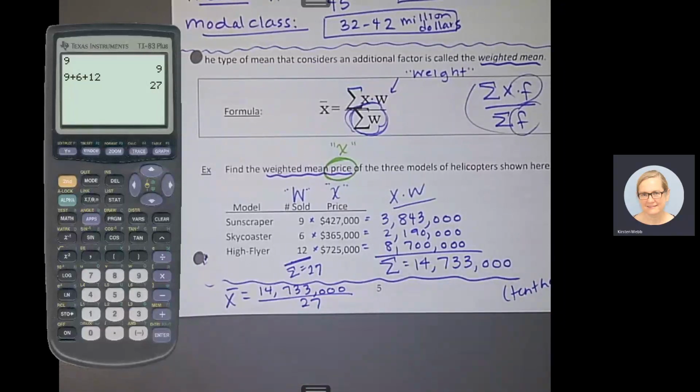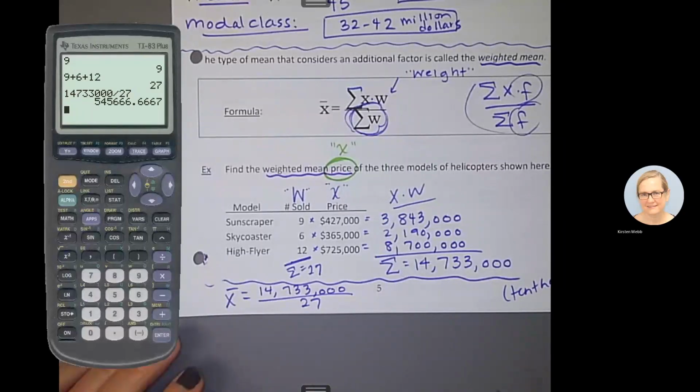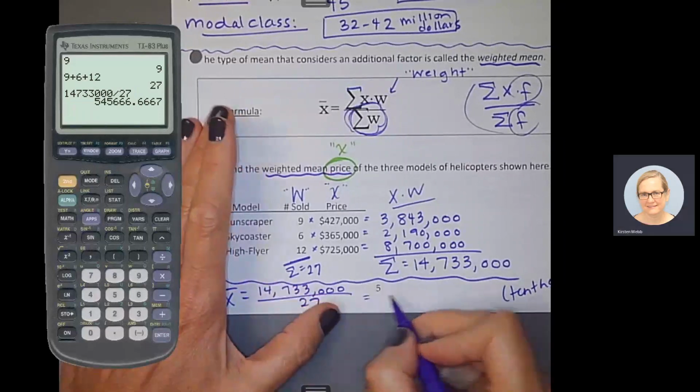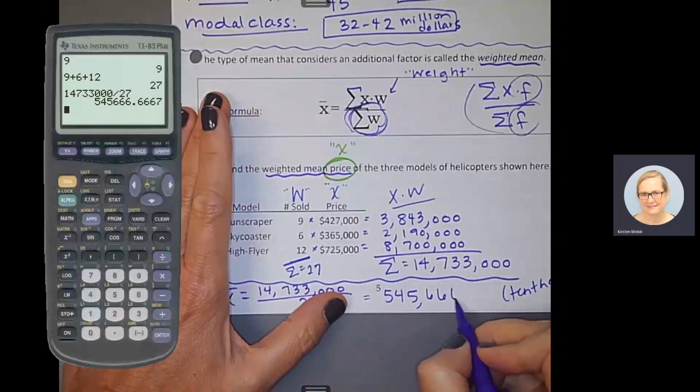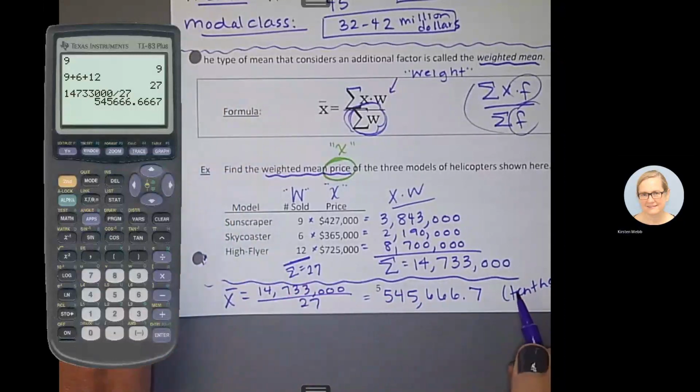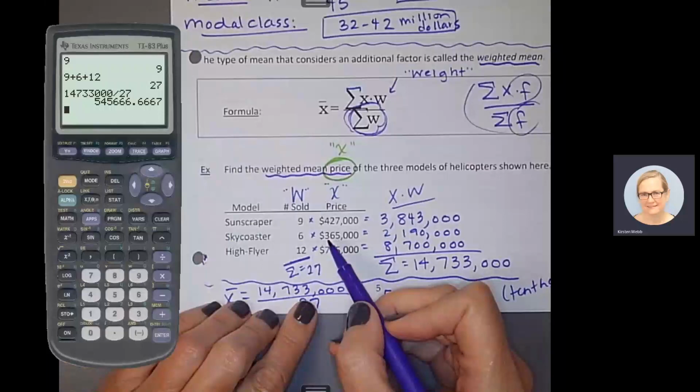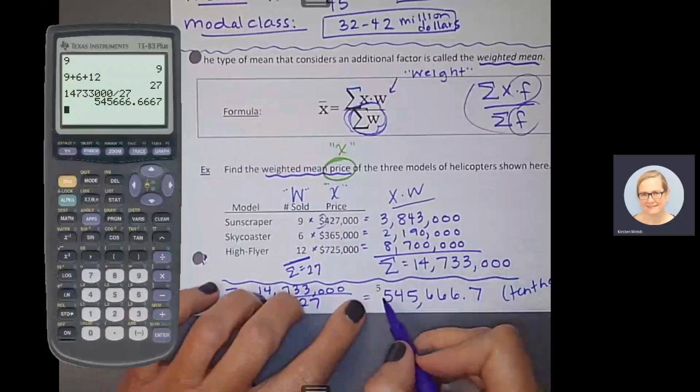I'm going to stick with tenths. 545,666.7. And the unit this time is dollars.